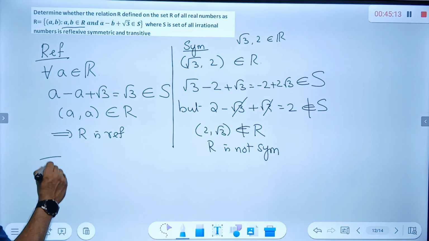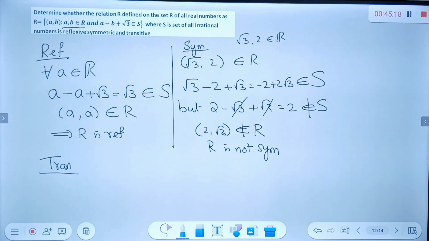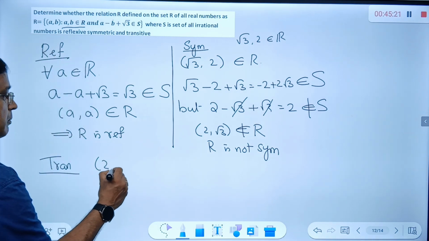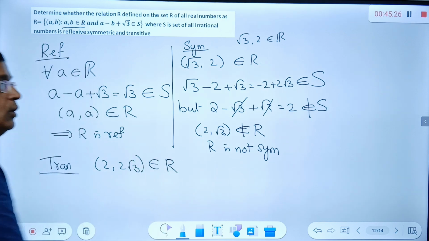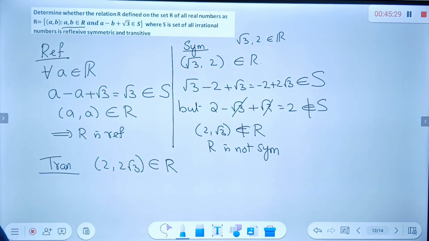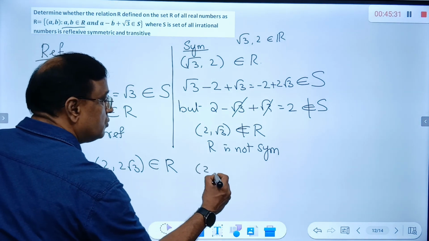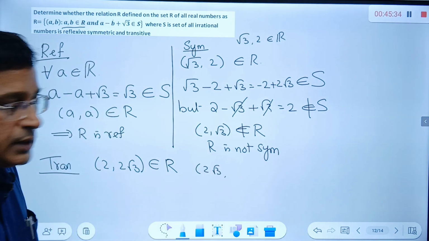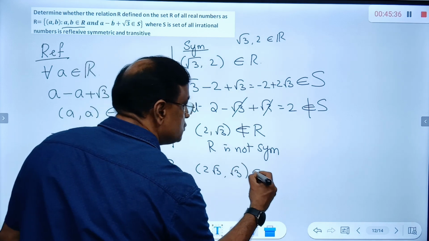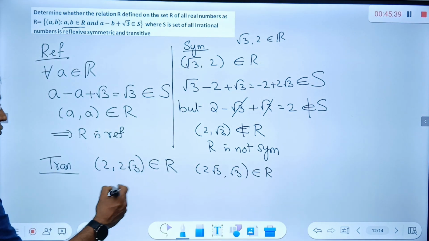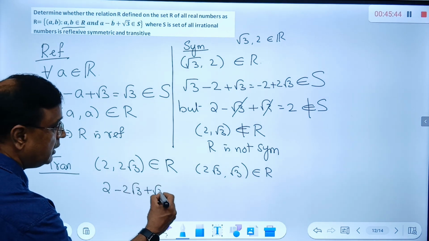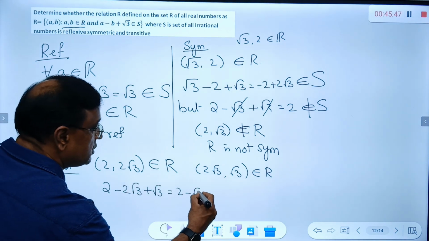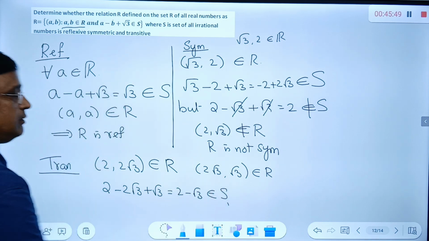Now, let's go to transitive. For transitive also, we need to give an example. I will take (2, 2 root 3) belongs to R, and (2 root 3, root 3) belongs to R. Let us see whether this is true. 2 minus 2 root 3 plus root 3, which is 2 minus root 3, is definitely irrational.